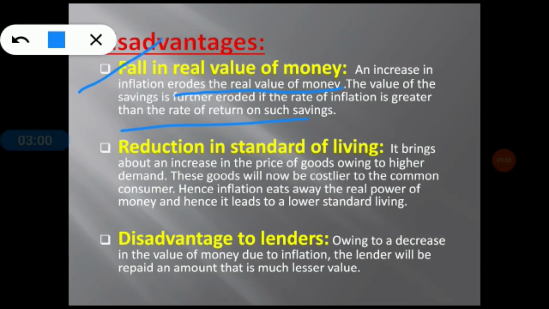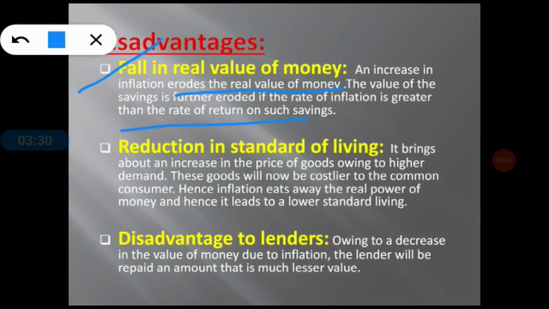So when inflation arises, more money is required to purchase the same amount of goods, because product prices increase due to demand pull inflation. So the value of the saving amount is eroded due to inflation.